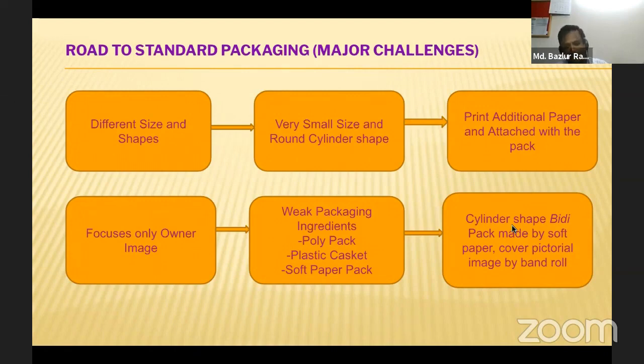The owners of the jorda, bidi or gul companies focus only on their own image. Then they use weak packaging ingredients: polypacks, plastic caskets, soft paper packs, and cylinder shaped bidi packs made of soft paper, covering the pictorial image with a banderole, even on the pack.